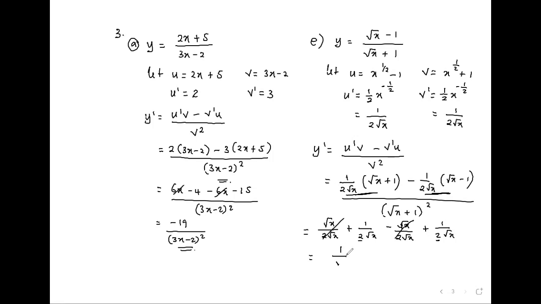So just have 1 over root x over (root x plus 1) squared. So please don't get confused there. Half plus half is 1. So 1 what? 1 over root x. So it comes out like that. Not a big deal there. So you see, the whole question 3 has only fractions there.